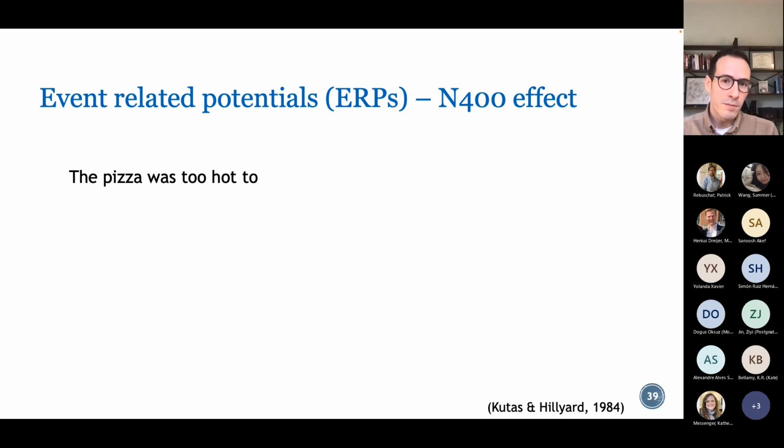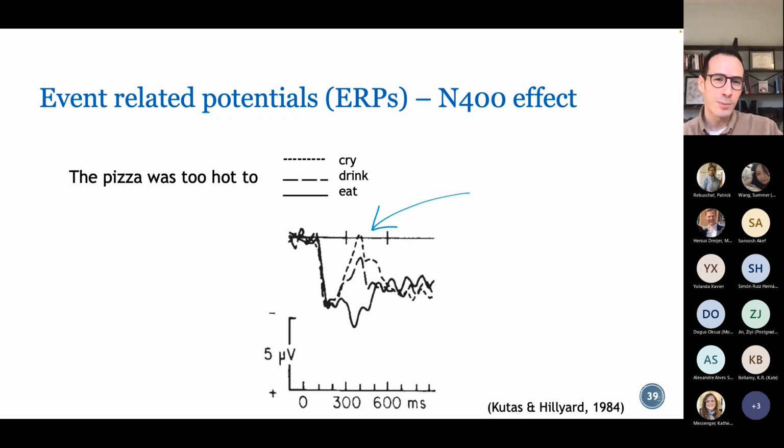But the best known, the most widely studied component in the psycholinguistic ERP literature is, of course, the N400, which is highly sensitive to the context in which a word appears. So if we have something like "the pizza was too hot to," of course, you now are expecting a specific verb and you're expecting "eat," but not "cry," right? And this is exactly what the event-related potentials show. In this case, we see that "cry" is not expected.